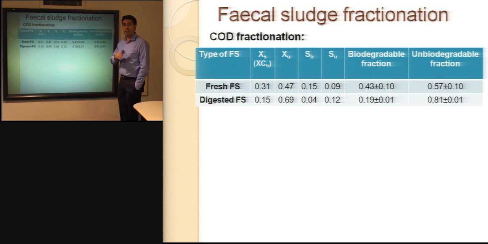Because depending on these characteristics, it is possible to determine whether these different organics can be removed or not, and how they will be removed in the different wastewater treatment systems.